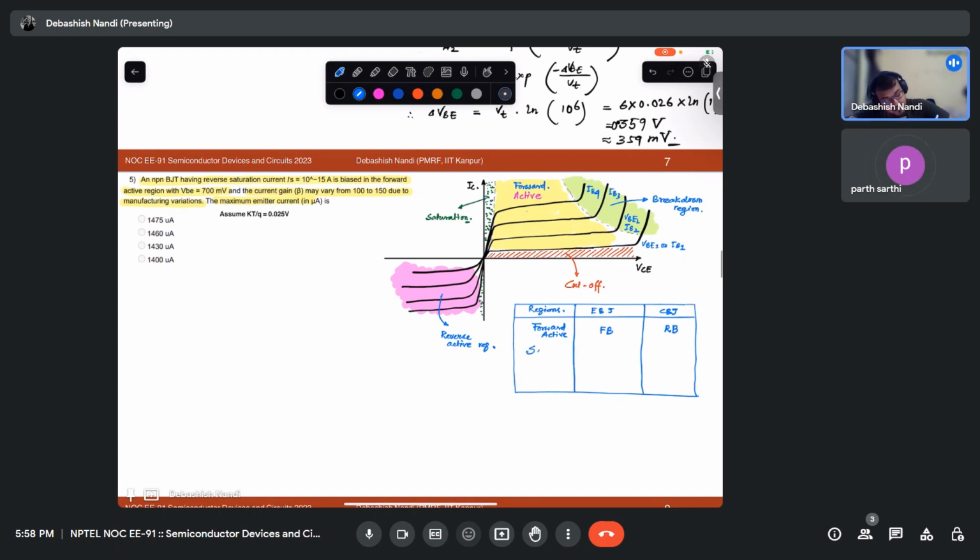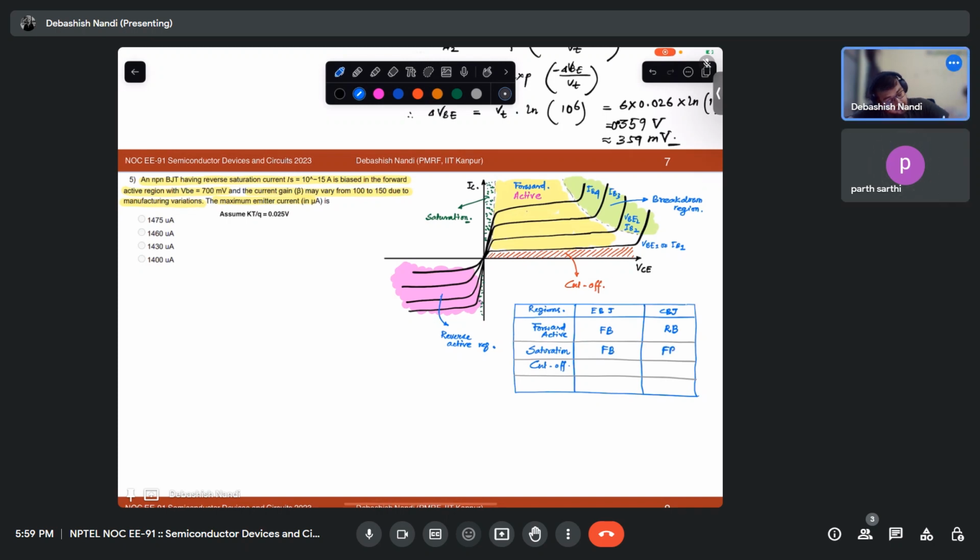And what about the saturation? And what about cutoff? Just make an attempt. Sir, both should be in forward bias. For saturation, both will be forward biased, okay?